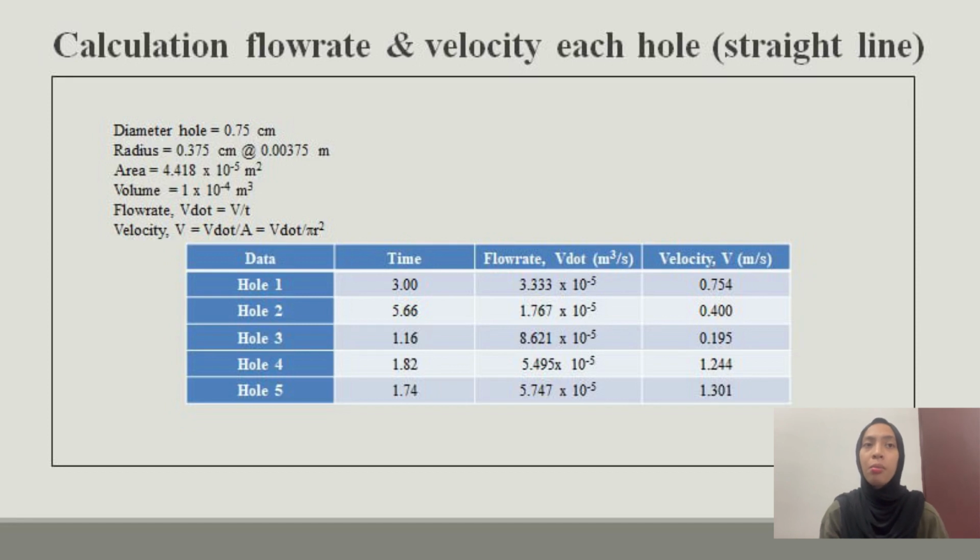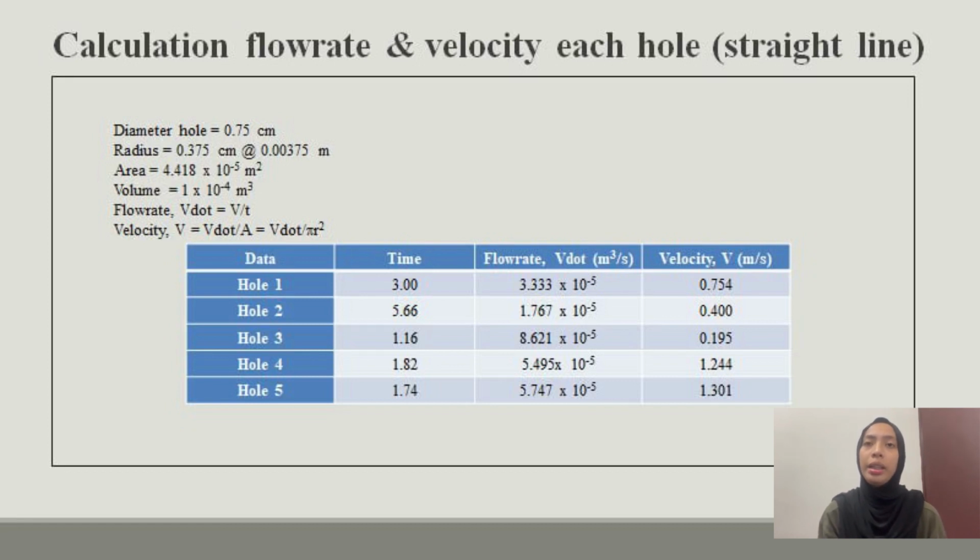The formula for flow rate is volume divided by time, and the formula for velocity is flow rate divided by area. For hole 1, the time taken was 3 seconds.